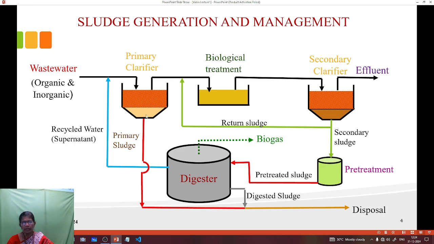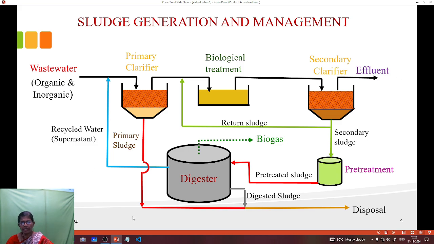The settled product is called primary sludge, and then the supernatant, the wastewater, is taken to the biological treatment. After biological treatment, it is settled in a secondary clarifier. The settled sludge from the secondary clarifier is called secondary sludge, and the remaining supernatant water is taken as effluent. It can be used for various purposes or it can be treated further.